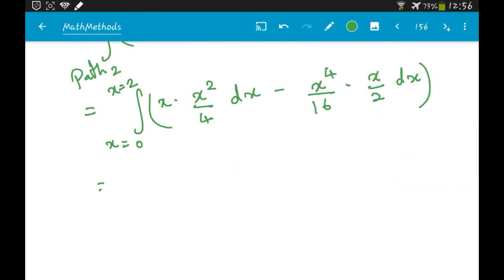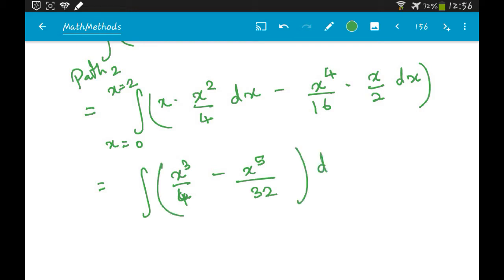Okay. So then we have x cube by 4 minus x power 5 by 32 into dx from 0 to 2.